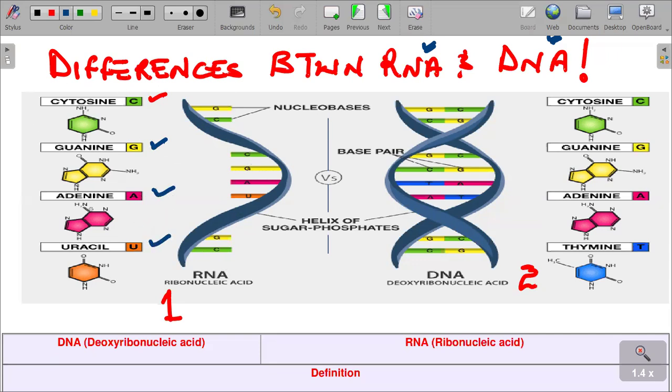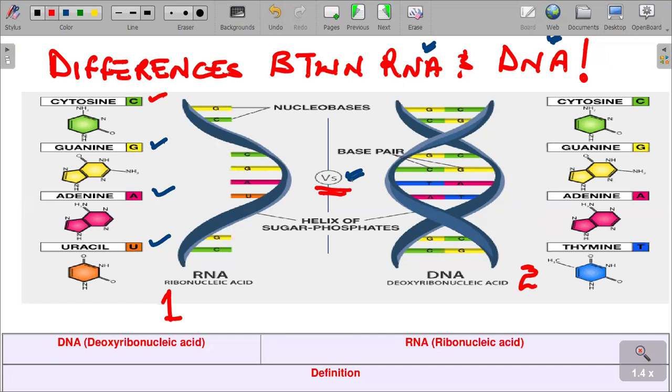So these are the four nitrogen bases that are found on the single strand. It doesn't have a double helix structure, compared to DNA.